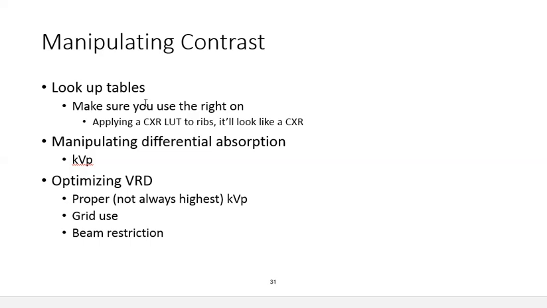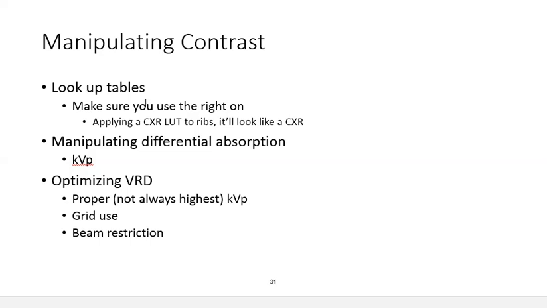So visibility of recorded detail can be manipulated by KVP because KVP creates scatter. As the KVP goes up, scatter creation increases. So when we're talking about visibility of recorded detail, we're talking about what might cover up your actual sharpness of recorded detail.